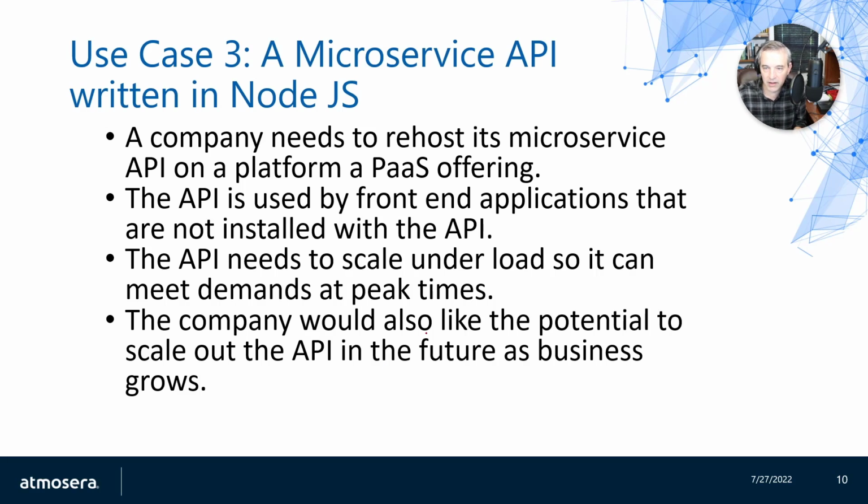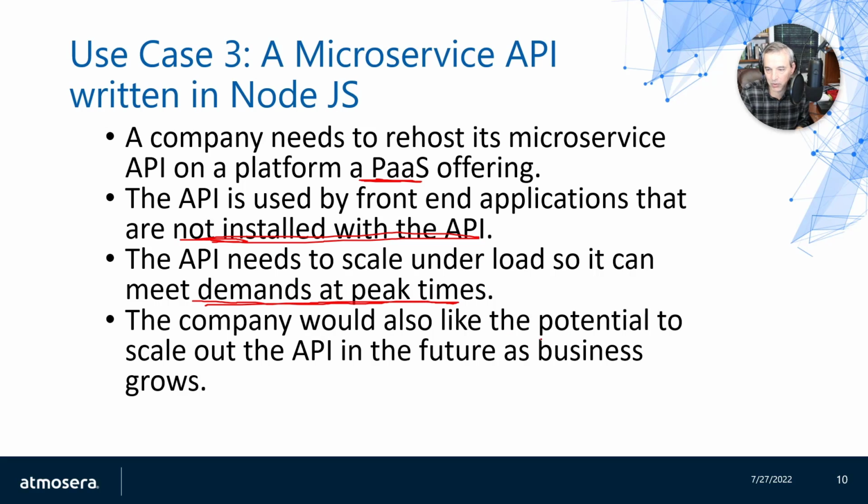But this one is a company that needs to rehost their microservice architecture on Azure on a platform as a service offering. They currently run this on premises on a server. The API is used by front-end applications that are not installed with the API. So the API is completely independent of the front ends that use it. And so the API needs to scale under load so it can meet peak demands at peak time.